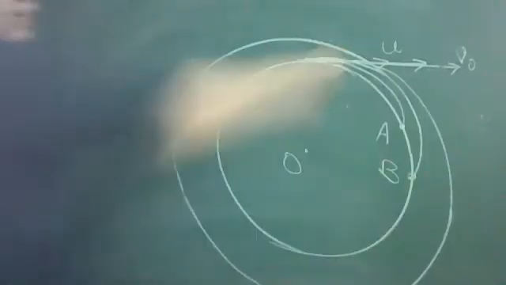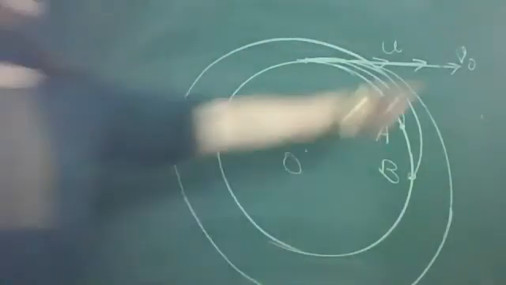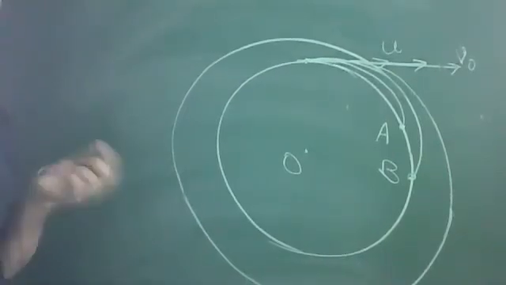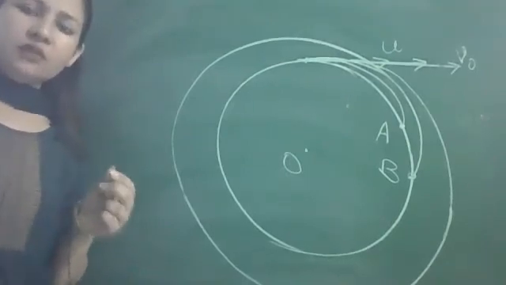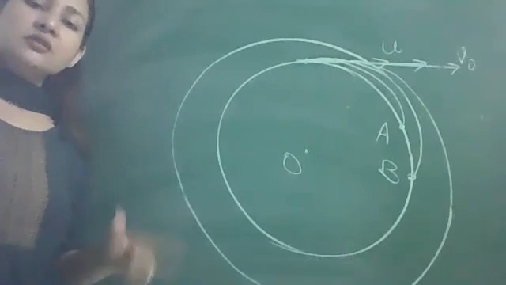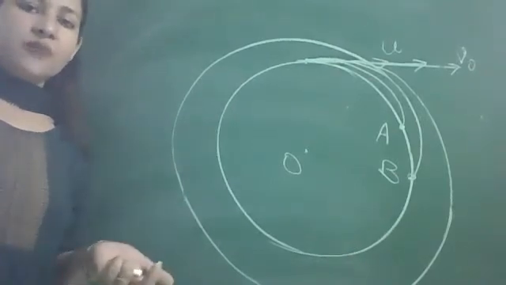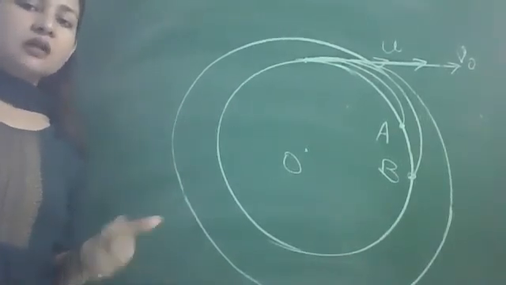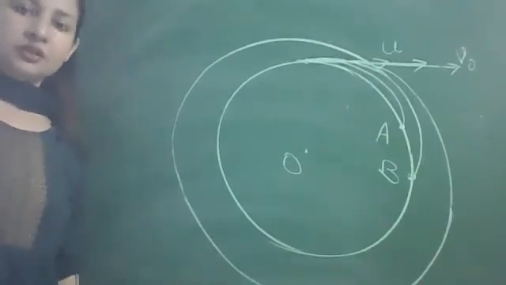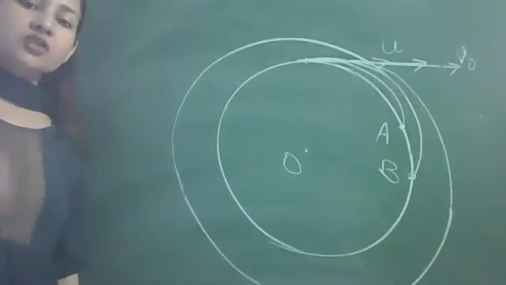That minimum velocity is called orbital velocity. So this is the principle of launching of a satellite.